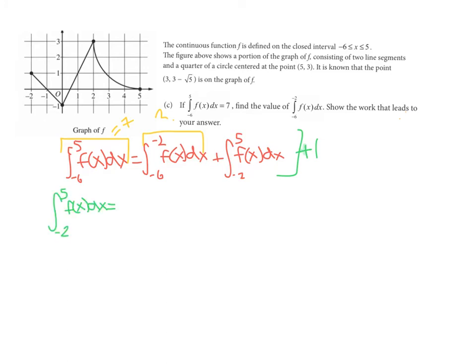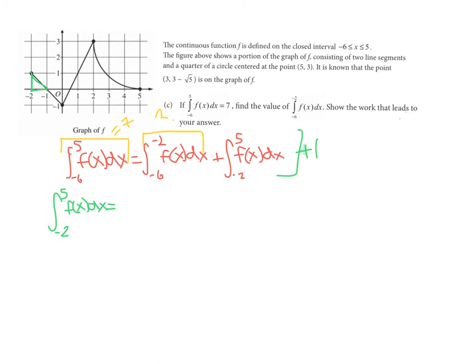So I can find this integral either by using integration, or I can do it by finding areas under that curve. So my first part of that integral that I have is from -2 to -1. I have a triangle. I know that that triangle has a base of 1, a height of 1.